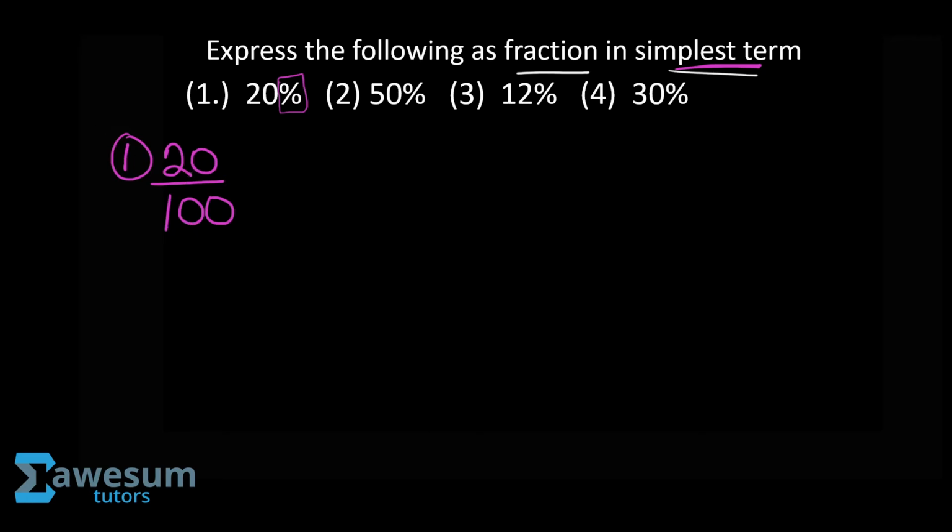Now if you take a look at this number, you realize that 20 is a common factor. 20 in 20 is 1. 20 in 100 is 5. That means your final answer right here is 1 over 5, because you have been able to simplify it to the lowest term. 1 over 5. Nothing can go anymore except 1.